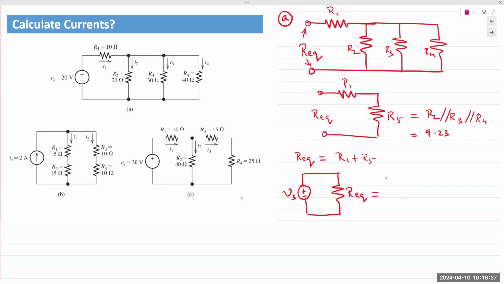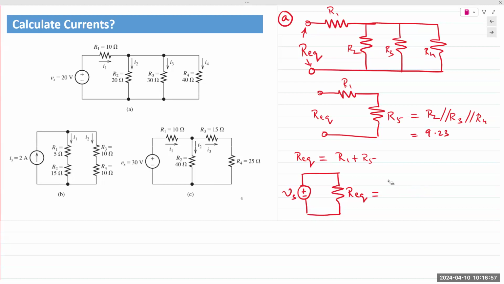Is that correct? 1/20 plus 1/30 plus 1/40. And of course, one indication is that it has to be smaller than the smallest value in that network. Remember that concept, right?